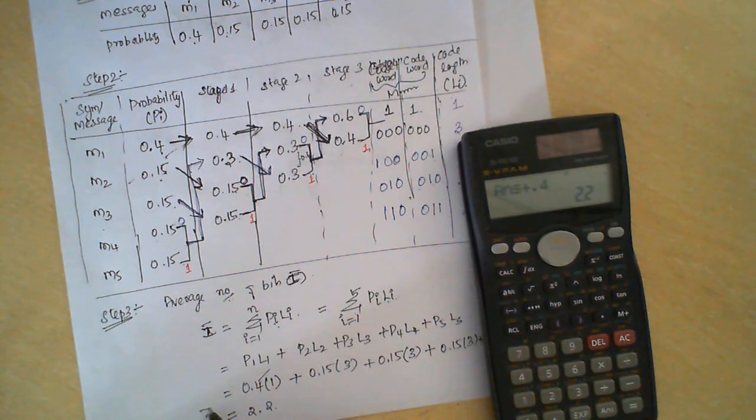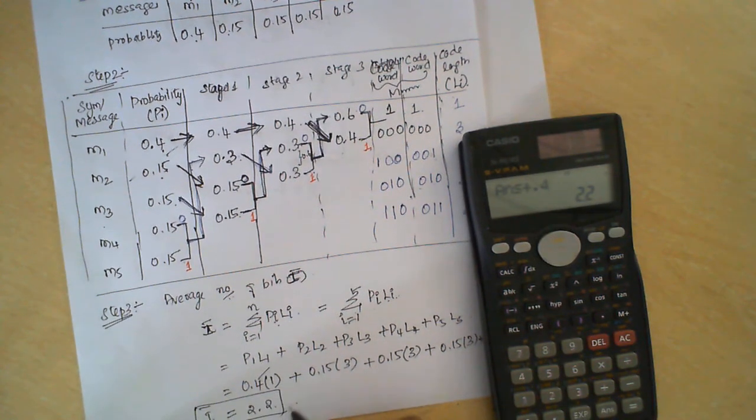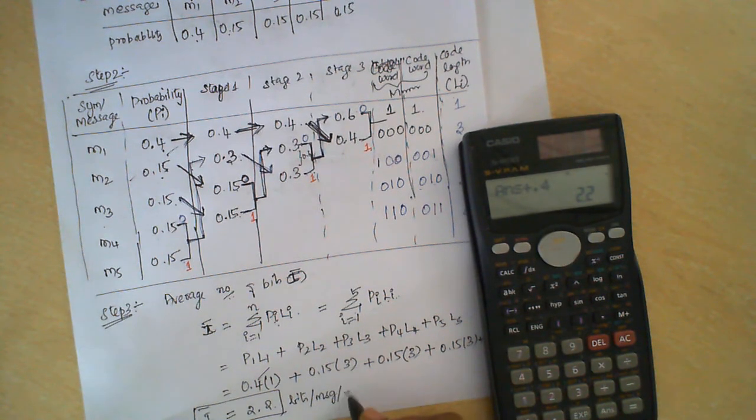So what is your L bar? It is 2.2 bits per message.